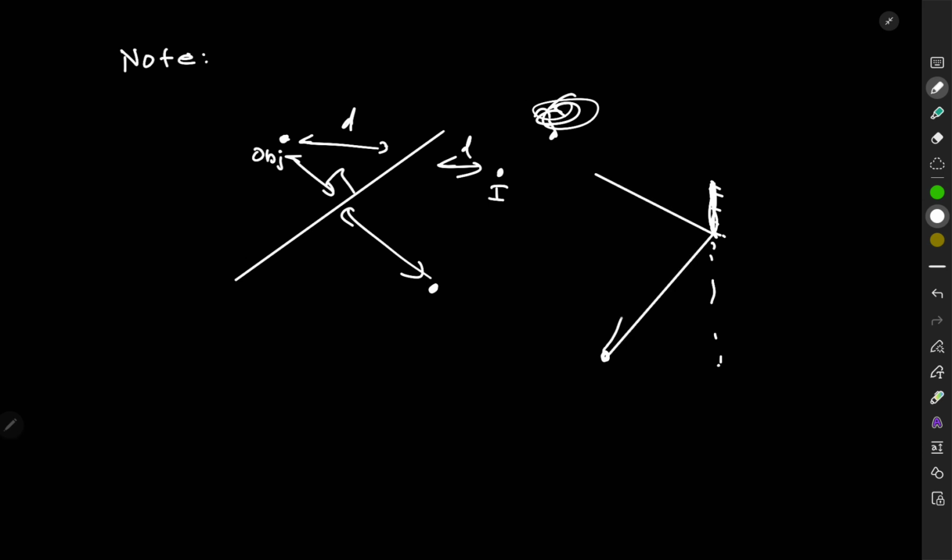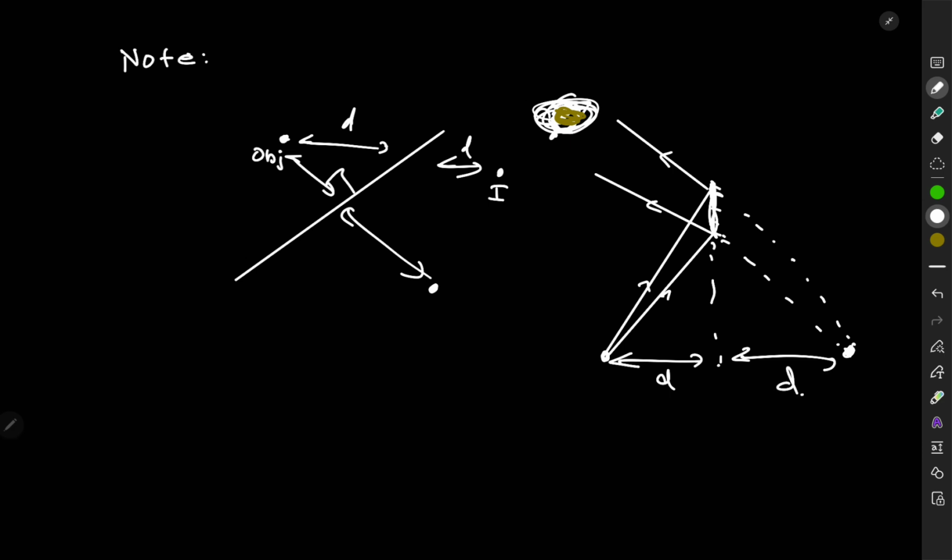It will go like this and reflect like this, right? So as you can see, this is the point where you can see the image. So if your eye is here, you can definitely see the image, which is formed virtually opposite, at a distance d.